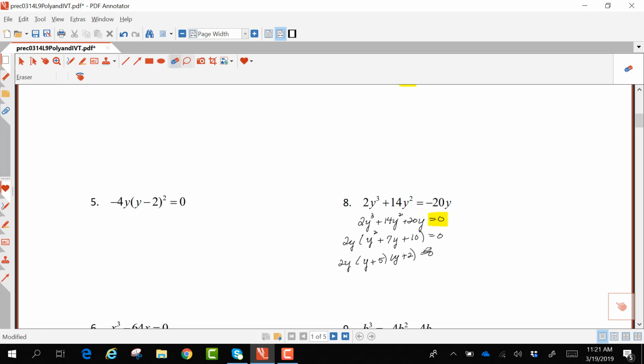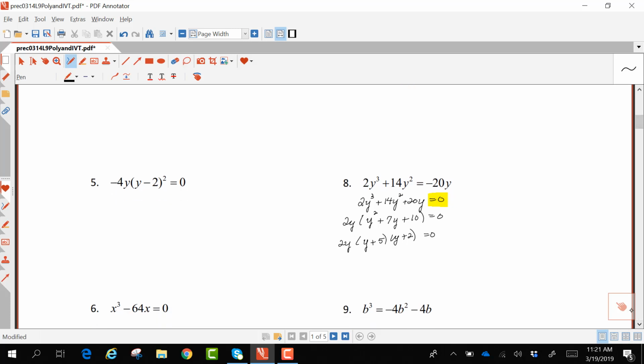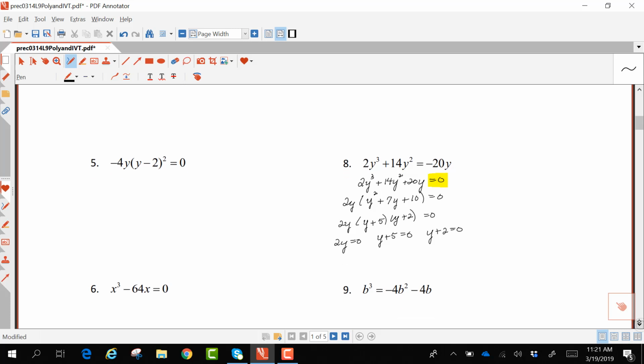Once your polynomial is in factored form, set equal to 0, we then set each factor equal to 0: 2y equaling 0, y plus 5 equaling 0, and y plus 2 equaling 0.